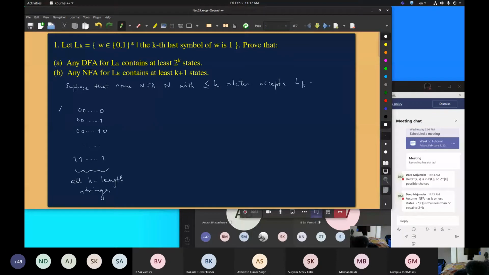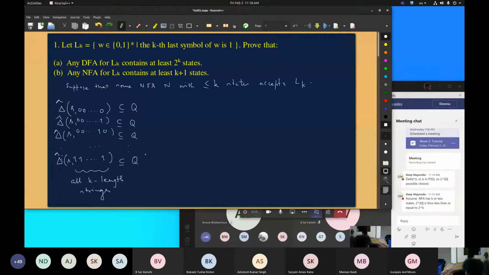And I apply this delta hat function starting from the start state. Unlike in a DFA, these are actually subsets of Q. So Q is a set of states. This is a subset of Q, this is a subset of Q, this is a subset of Q, and so on, by definition.